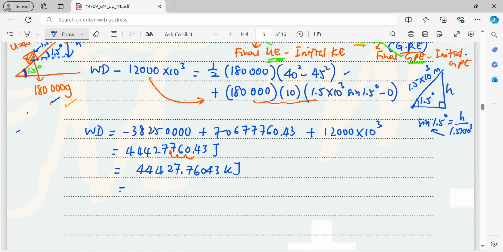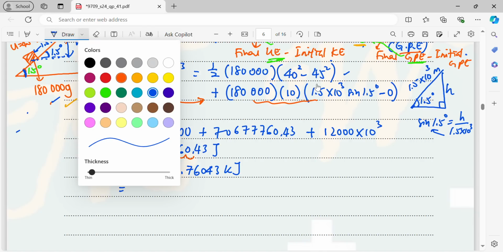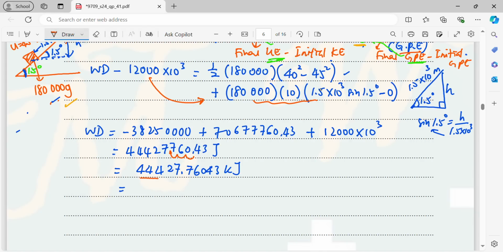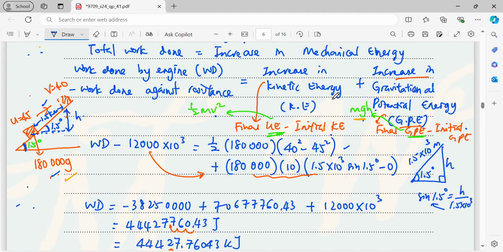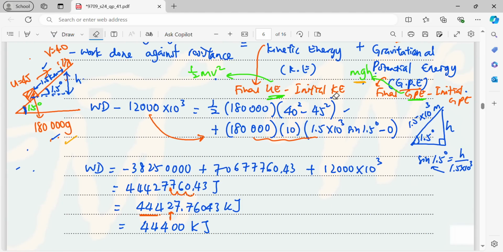And now we need to leave our answer correct to 3 significant figures. So 3 significant figures will be these 3 values, but it depends on the next value. Since the next value is 2, therefore just change to 00. So I will be getting 444,00 kilojoule. So that is the work done by the engine.